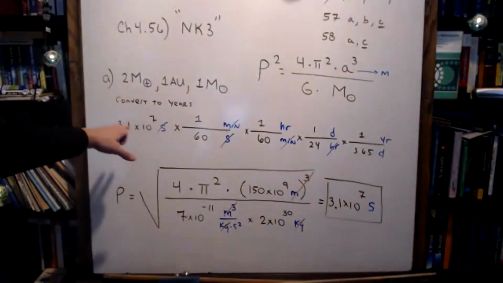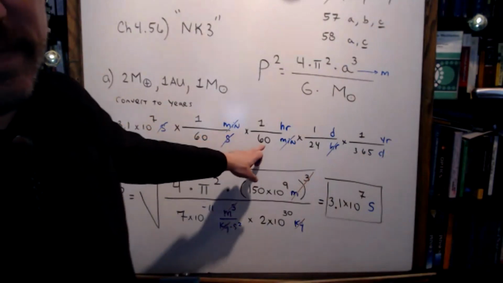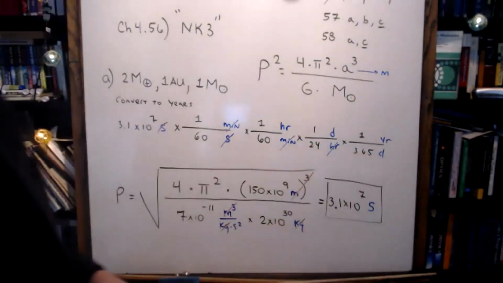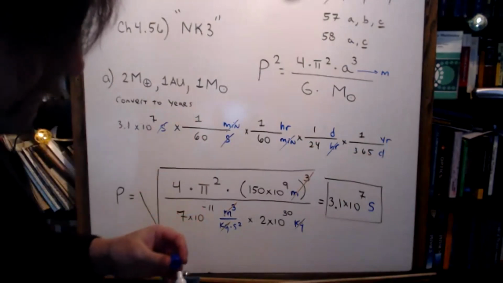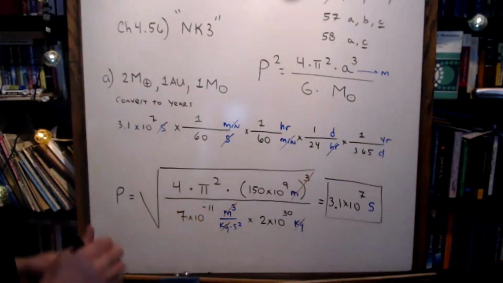Okay, now punch them up. Take that number, divide by 60, divide by 60, divide by 24, divide by 365. They're all on the bottom, so you have to divide multiple times. And what do you get?